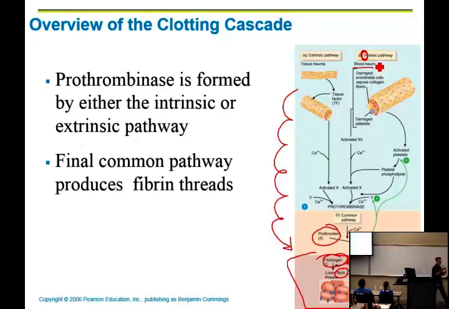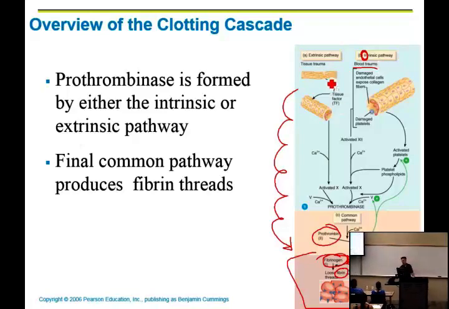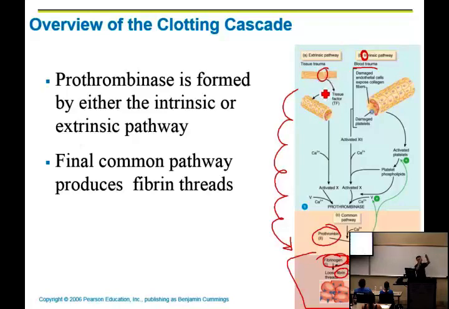But oftentimes there's going to be some damage to the surrounding area as well. And so we want to seal off that area and form a clot or a wall, kind of like sandbagging around that area. That is what's called the extrinsic pathway, exterior to the blood vessel.